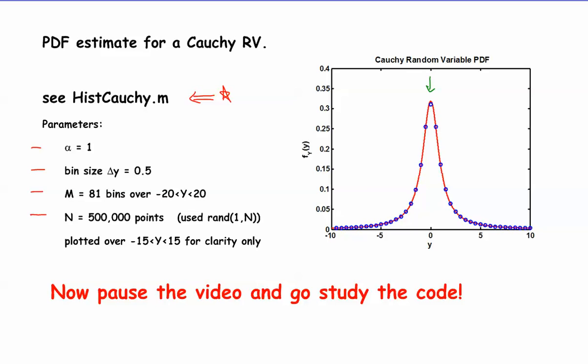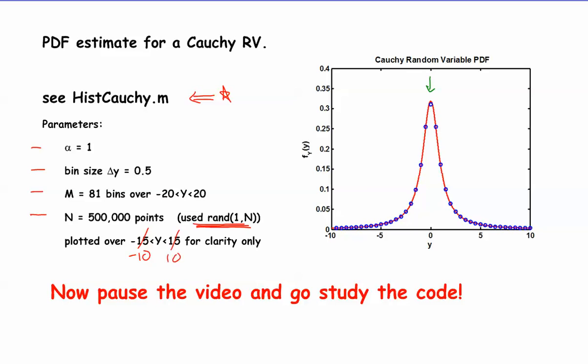As in the first example, I used 500,000 points, 500,000 data points uniformly distributed on 0 to 1 using the rand function. Just purely for purposes of clarity, I said I plotted over minus 15 to 15. This curve is actually from minus 10 to plus 10, I notice.